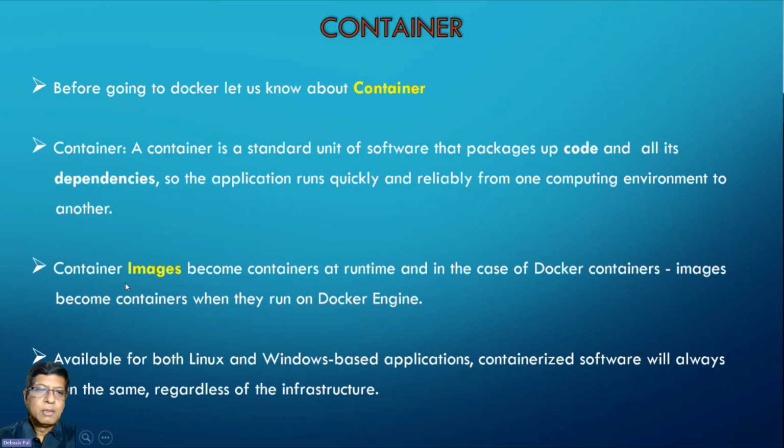The image is the application that we are trying to run within that container. If the image is some static application, that will be considered a static image unless and until you put that into a container. The image is nothing but a dumb thing. It becomes intelligent and it starts running inside a container.